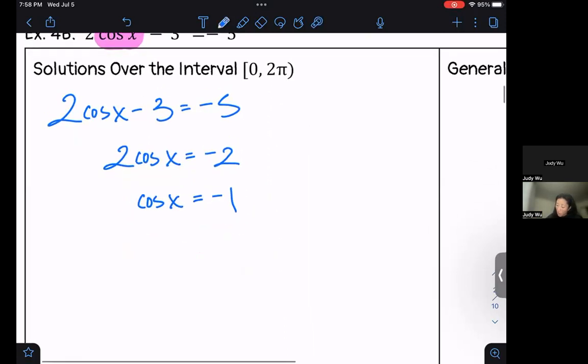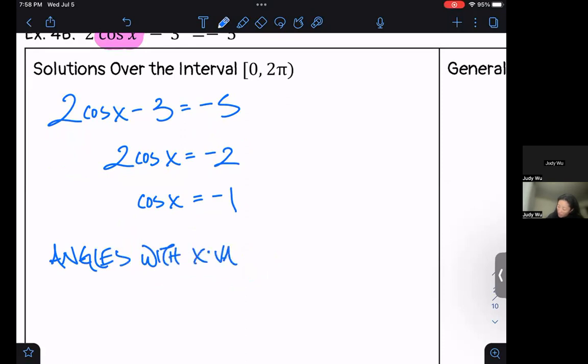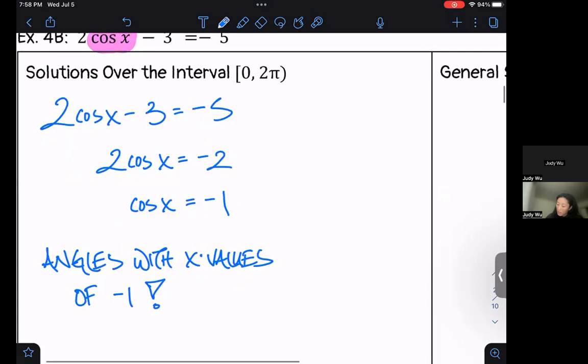The question we want to ask ourselves is to find angles with x values of negative 1. That's what we're looking for. Let's draw ourselves a mini unit circle and see if we can use that to help answer our question.